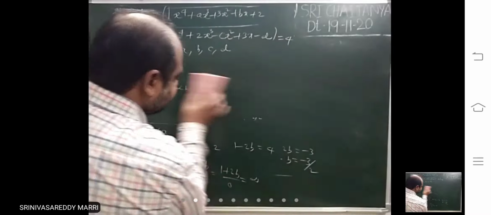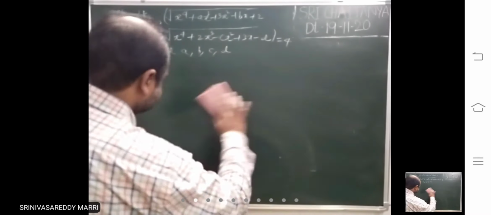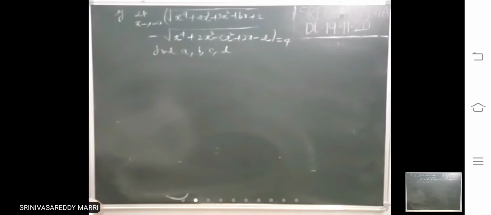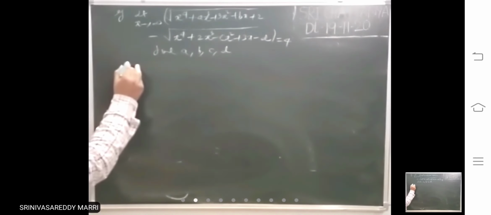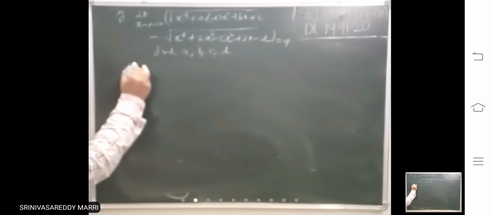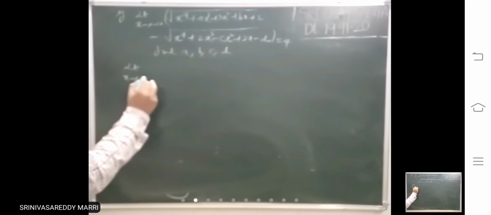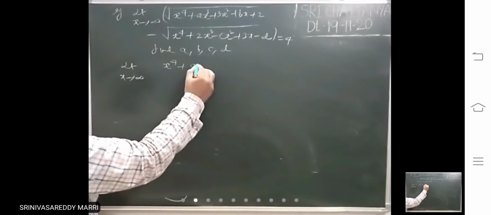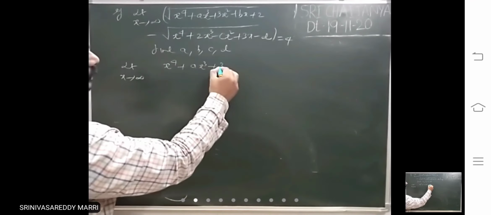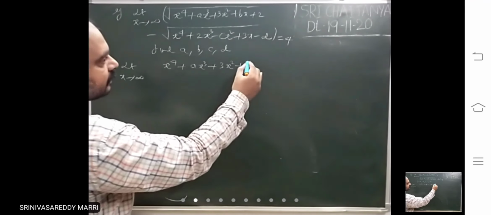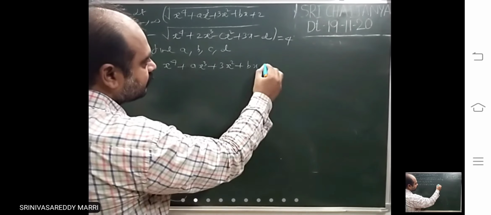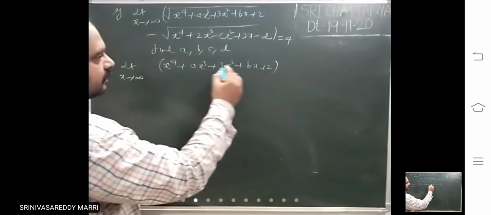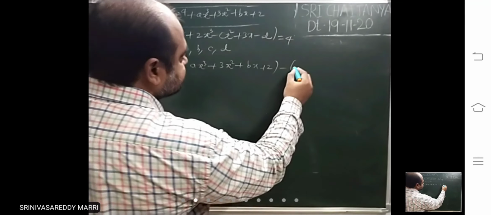Look at it. First thing is rationalize this. I am rationalizing, that means I will just multiply with the plus. Multiplying with the plus, what will I get?